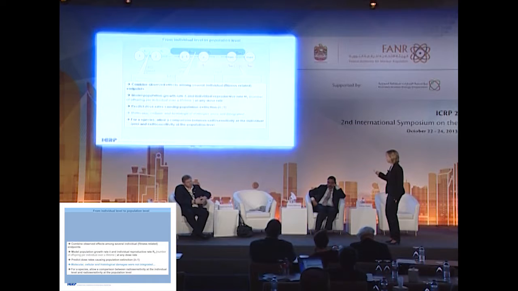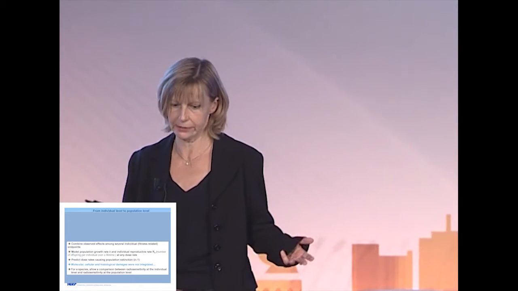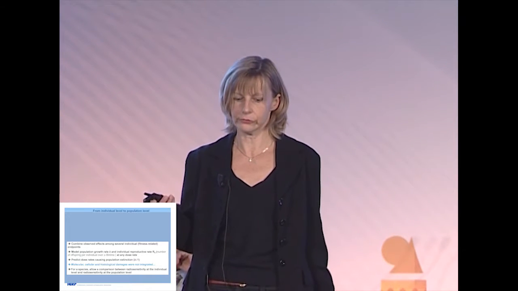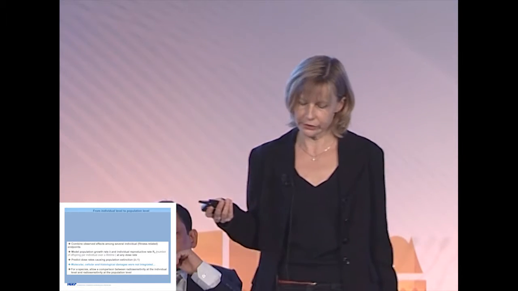So at the end of the day, you obtain this type of information. You are able to combine observed effects from ionizing radiation among several individual endpoints. You are able to model the population growth rates and the individual reproductive rate, which is the number of offspring per individual over a lifetime at any dose rate.